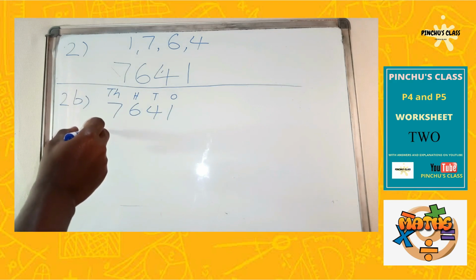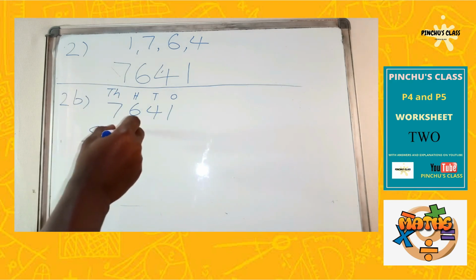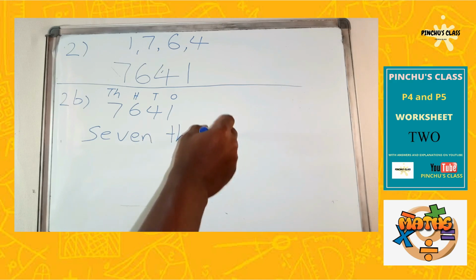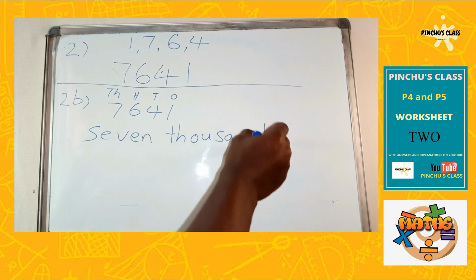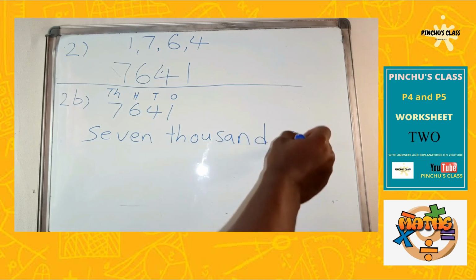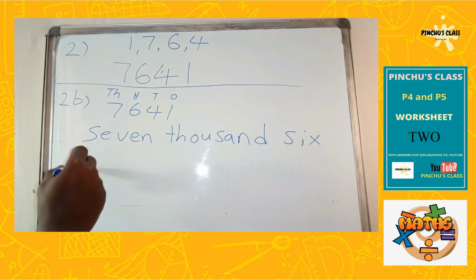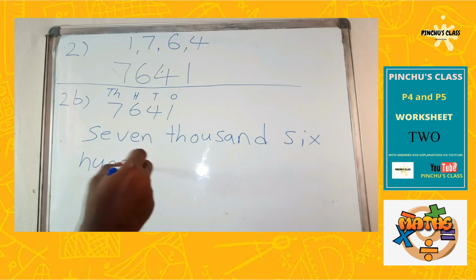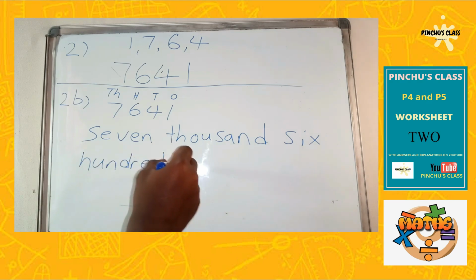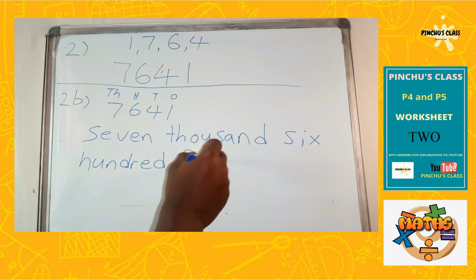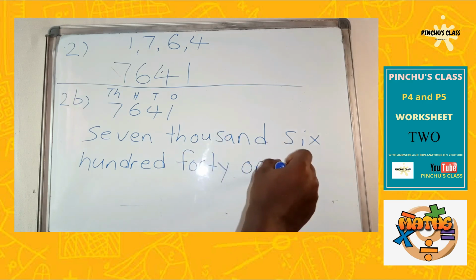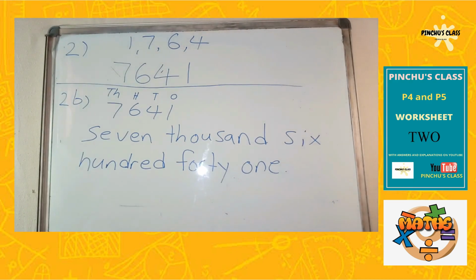So the answer is going to be 7,000, 6 hundred, and 41. So that's it in words.